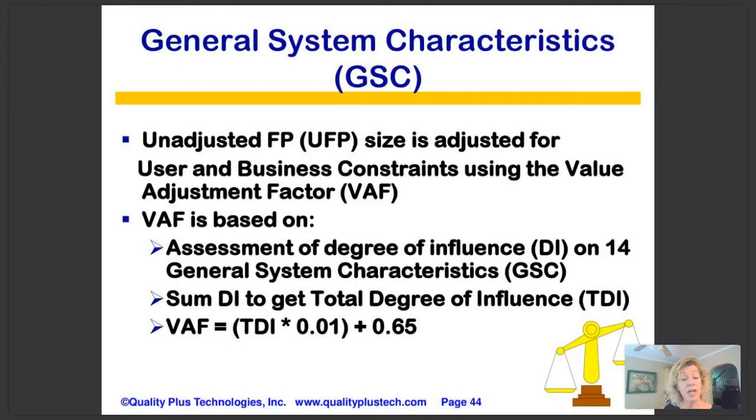The value adjustment factor ranges between 0.65 and 1.35. I'll say that again. The value adjustment factor, or VAF, ranges from 0.65 to 1.35. The TDI can be 0 up to a maximum of 70.